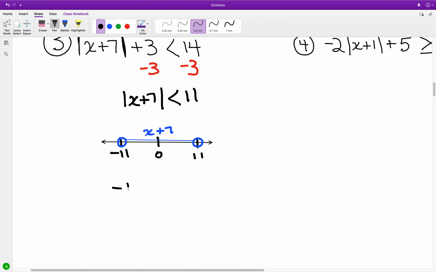And so setting up the compound inequality and looking at isolating x, here we're going to take away 7 from all portions. And we have negative 11 minus 7, so we have negative 18 is less than x, which in turn is going to be less than 4.